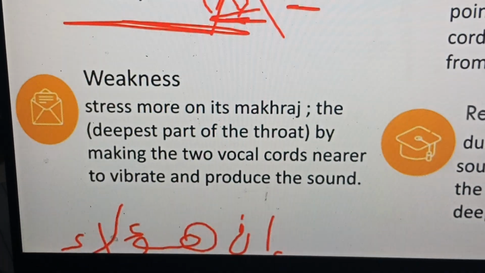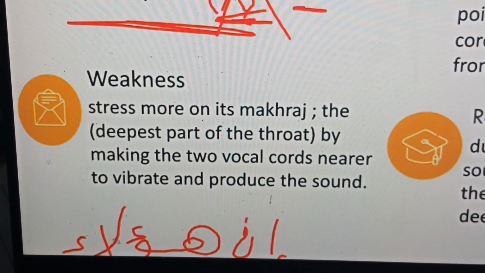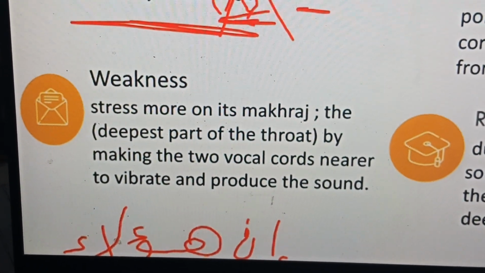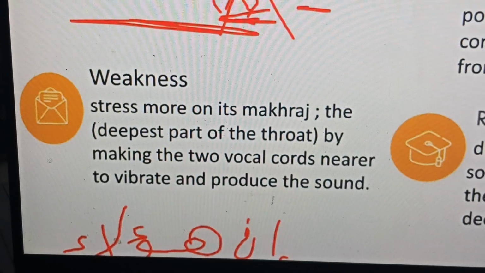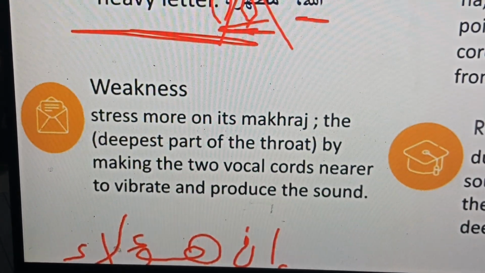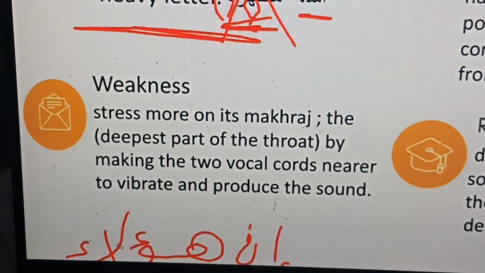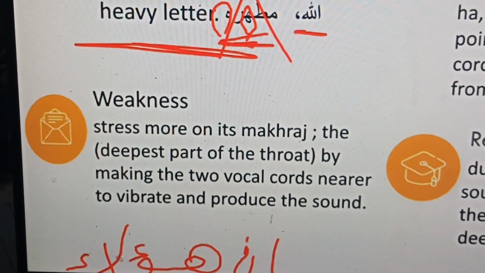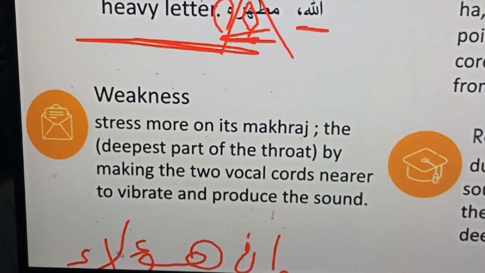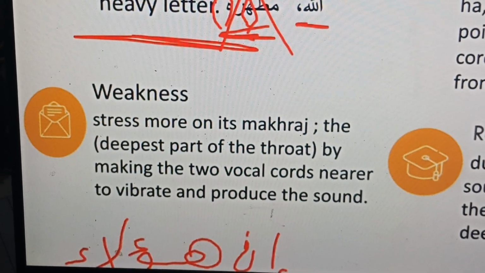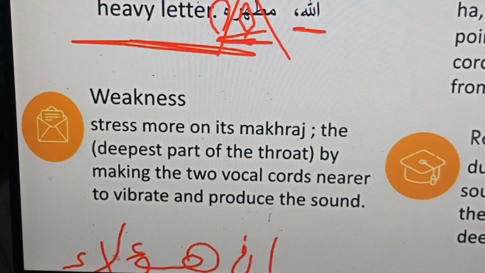The second part is weakness, for example in haulai. What is weakness?